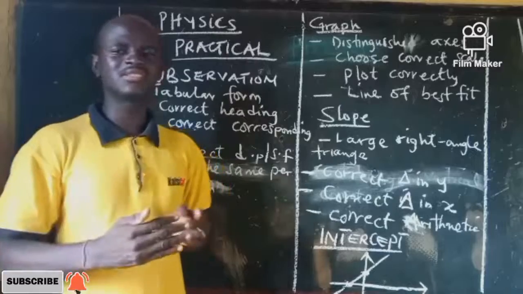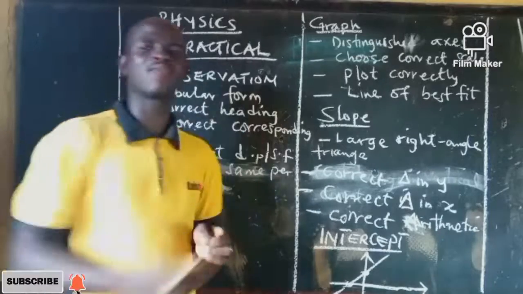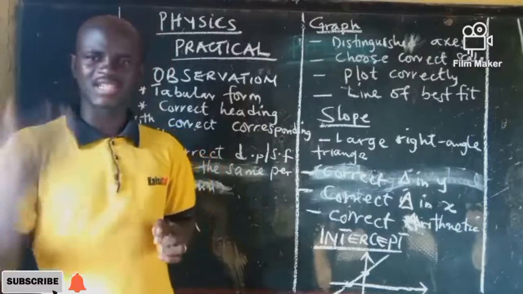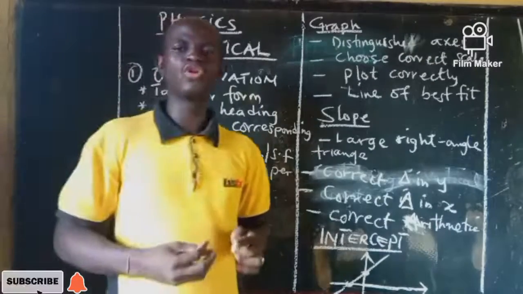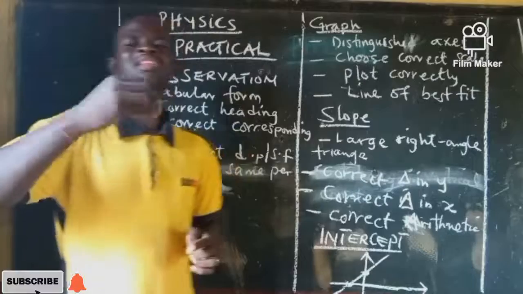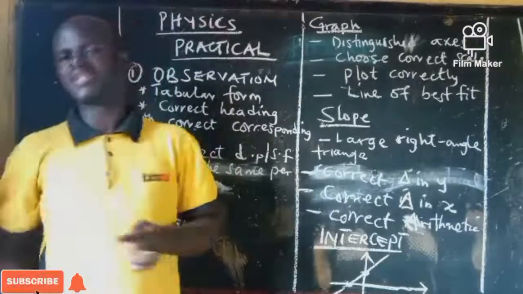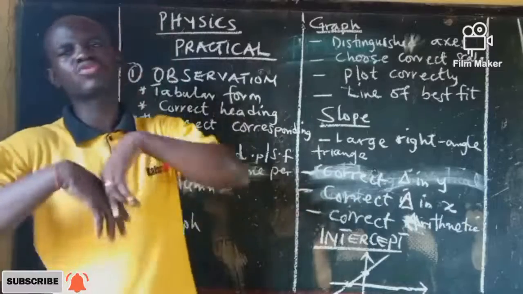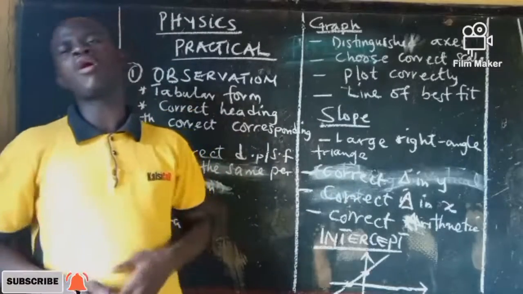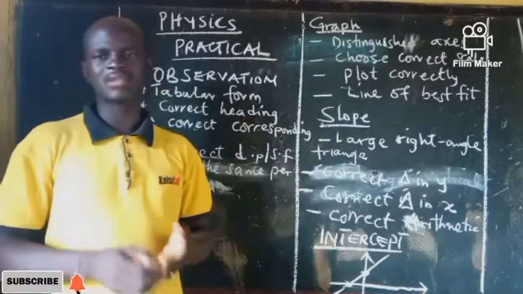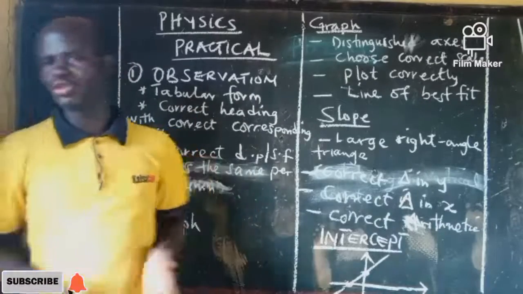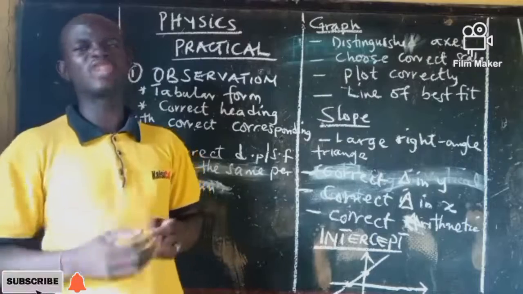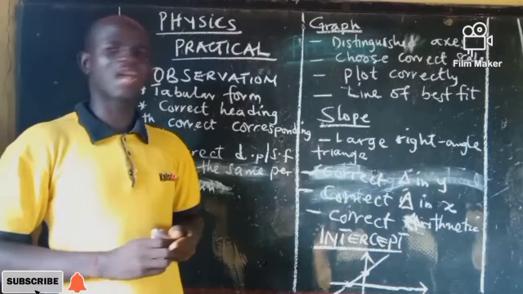If your reading is up to 3 decimal places, make sure that you choose a correct scale that can help you to plot to at least 2 decimal places, so that you do not just approximate maybe to 1 dp or to a whole number. So please take note of that. Don't approximate whenever you are plotting your graph.